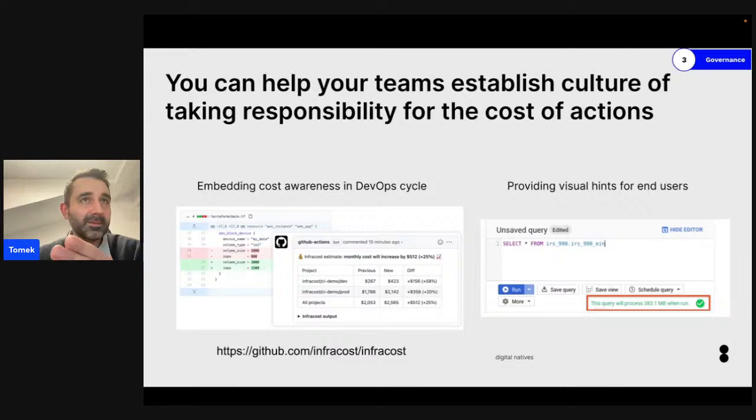But also things like BigQuery, when you run a query, they will try to estimate how much data you're going to process. So you can teach users about looking at this.